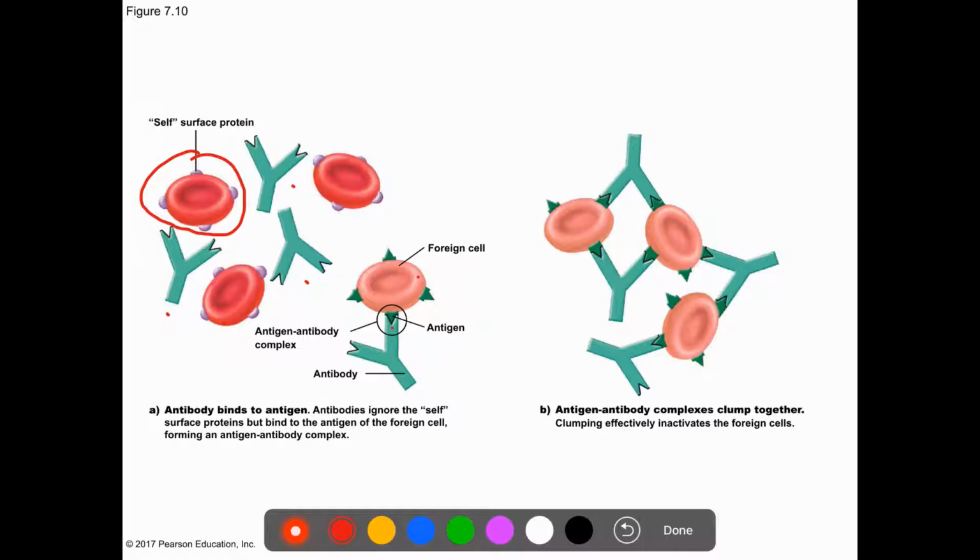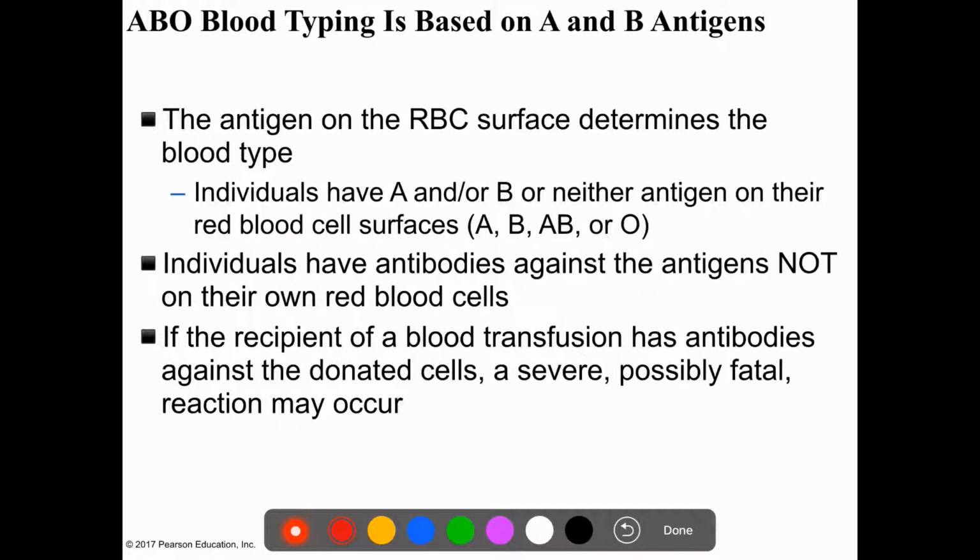These antibodies are going to catch it and prevent it from circulating further into the blood. So all of this we explained. We need to go back and explain this concept, that individuals have antibodies against the antigens not on their own red blood cells.